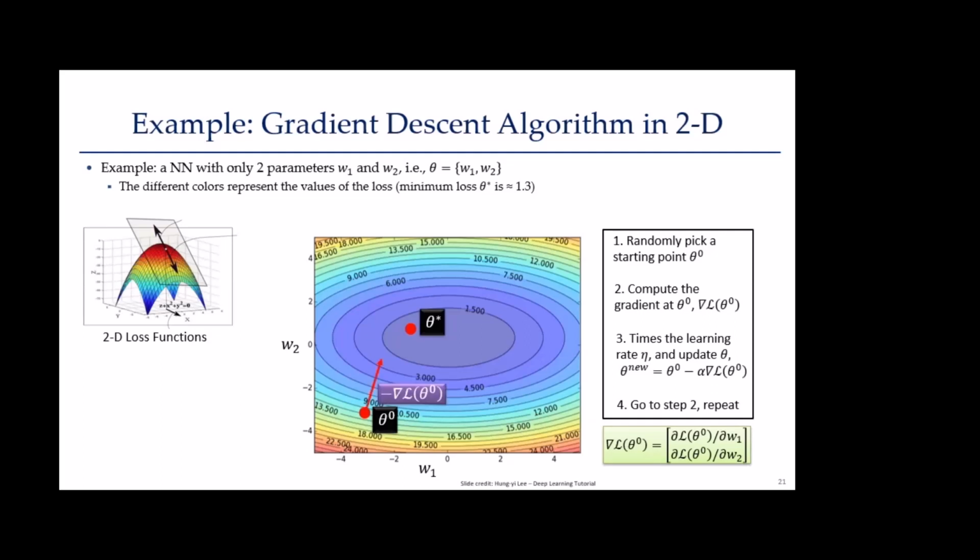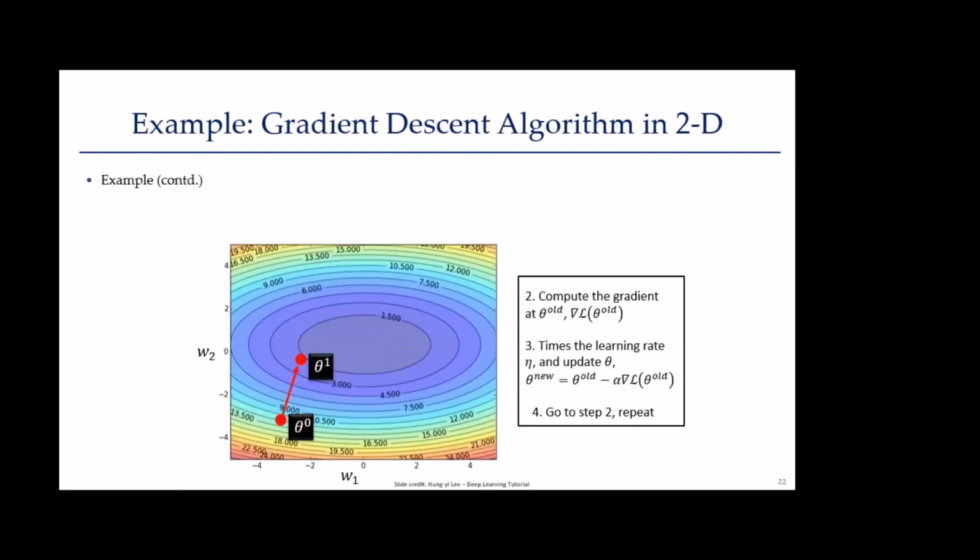Again, we compute the loss function, the gradient of the loss function, and based on this, we evaluate theta 1, which is theta 0 plus delta, the learning rate, multiplied by the gradient of the loss function. So now we have theta 1. We can do the same step and calculate in another iteration theta 2. And in this case, theta 2 is good enough to stop at.